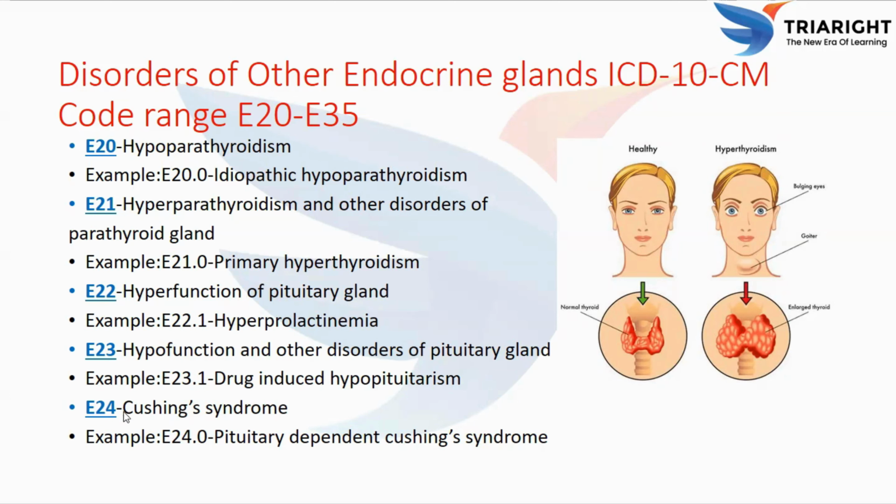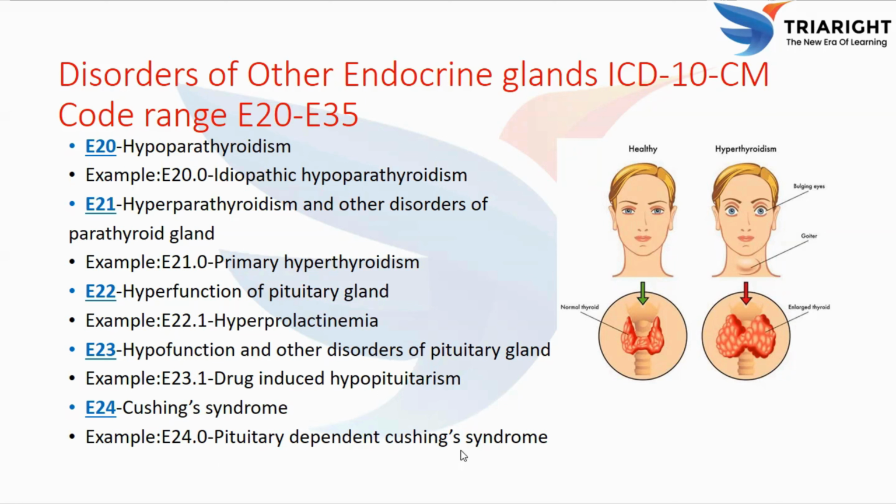Next, coming to Cushing syndrome, the E24 code. Whenever a patient is diagnosed with Cushing syndrome, or whenever the record specifies Cushing syndrome, the E24 code must be assigned. What do you mean by Cushing syndrome? I already discussed this in the previous slide. It's a high cortisol level in the body, either due to pituitary or adrenal gland problems. For example, E24.0 is pituitary-dependent Cushing syndrome.